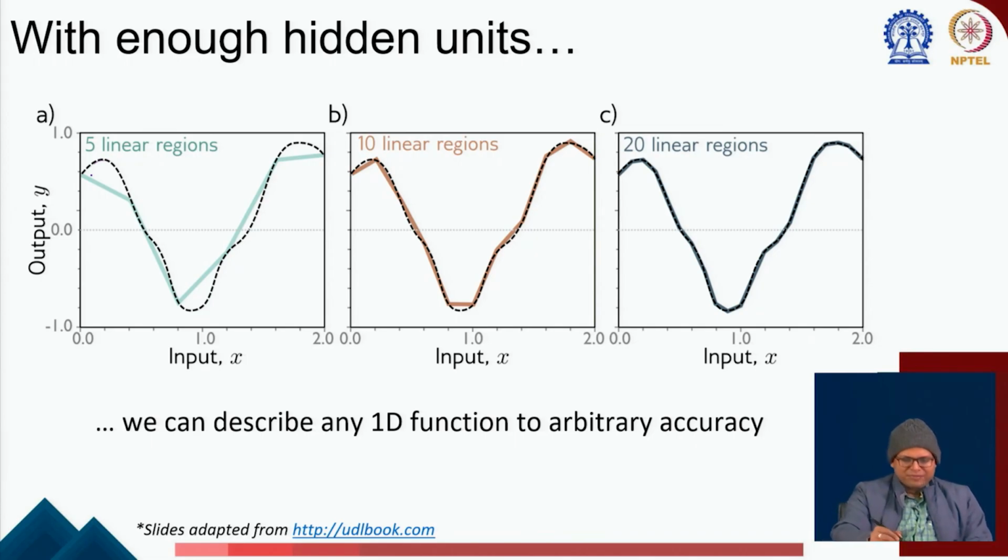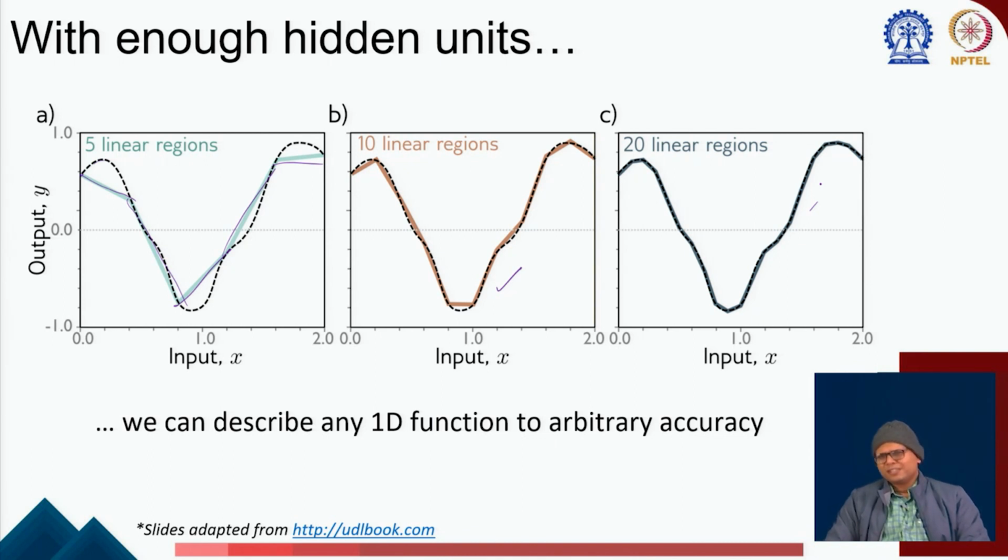Like, if you are given only 5 linear regions, you could approximate it like this: 1, 2, 3, 4, 5 linear regions. If you were given a budget of 10 linear regions, you could do even better. This is with 10 linear regions. And if you were given a budget of 20 linear regions, you could do even better, like this is with 20 linear regions. And this looks like a very good fit, right.